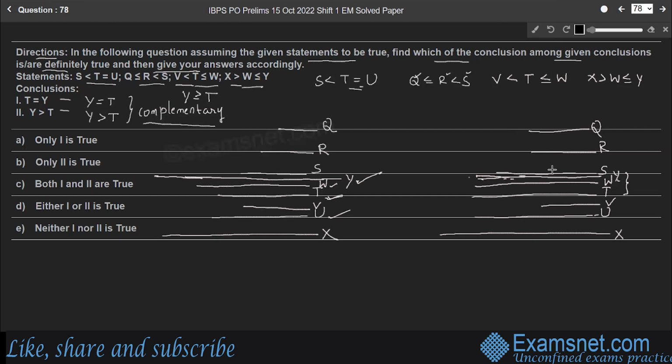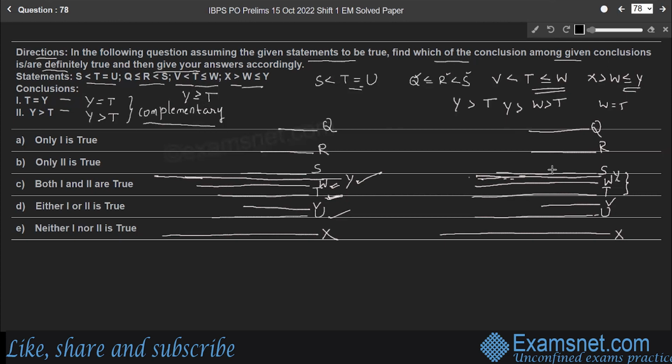Because of the relation between W and T. Here it is given that W is greater than T in the first case. In the second case, W is equal to T. Consider only the first case. W is greater than T and Y is greater than W, or W is less than Y in the last part of the statement. So Y is greater than T in the first case.